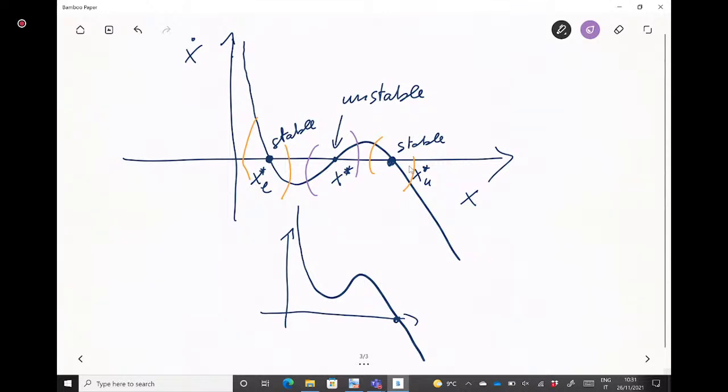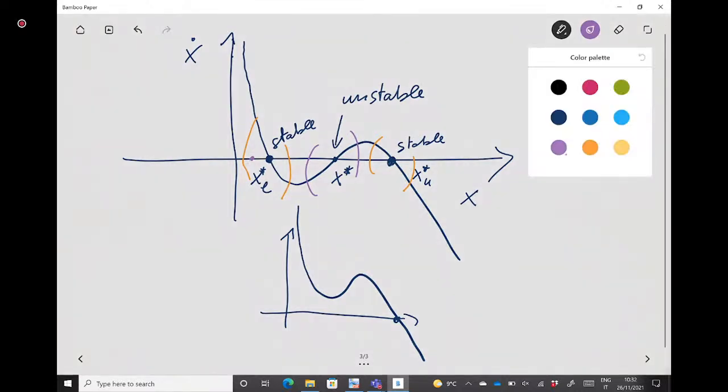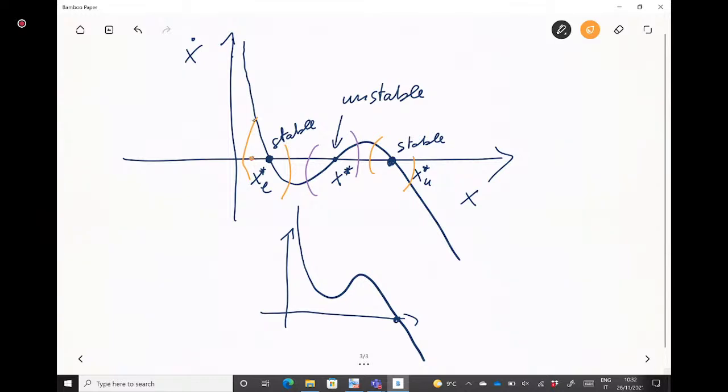And in fact, if you start, for instance, here, you see a positive time derivative. Time derivative is positive, and there is a movement towards a steady state. If you start here, negative time derivative, a movement towards a steady state. Similar here.